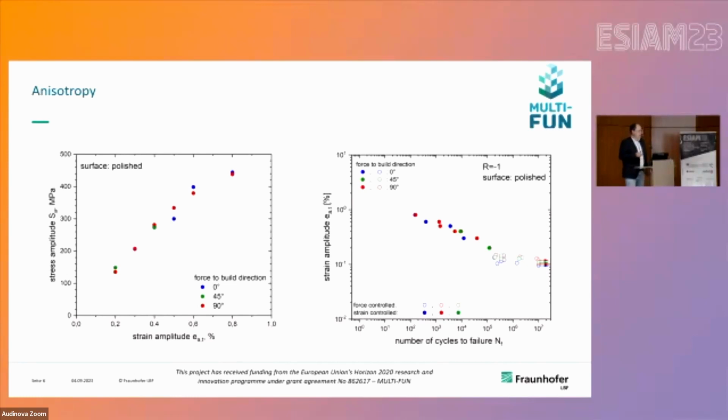That means according to the stress strain behavior, we have isotropic material behavior, which is very nice. Also, the fatigue life is not influenced by the direction. That means also here we have an isotropic material behavior, which is nice.